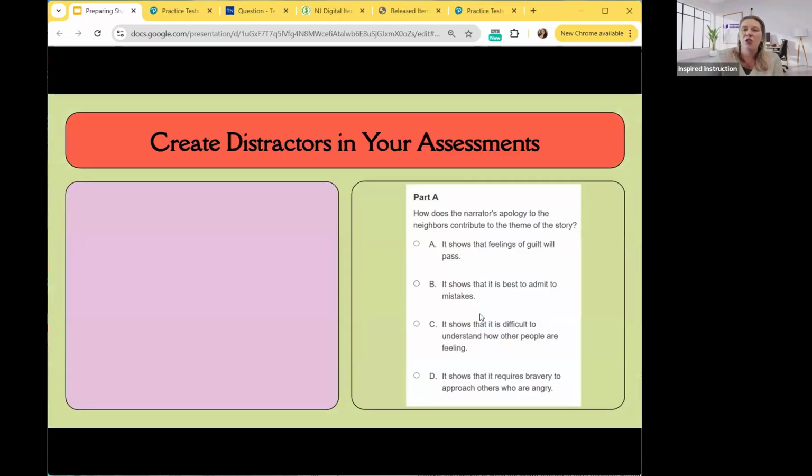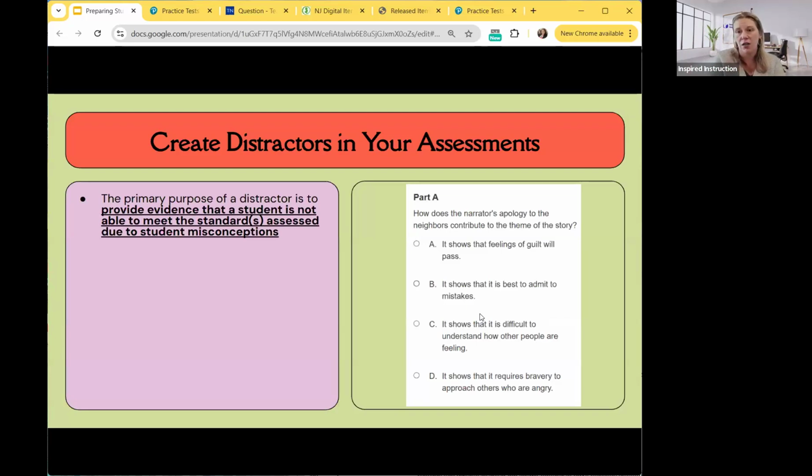In terms of aligning your own assessments, if you are doing any kind of multiple choice assessment in your class, we want to really focus on how we make our own assessments similar or mirrored to our high stakes assessments. One thing you can do is create your own distractors in your assessments that model what is going to be expected of them on the state test or on your high stakes assessment.